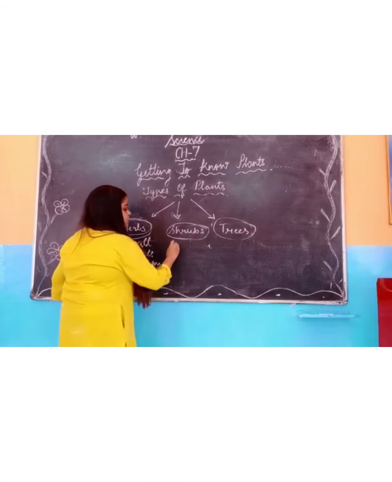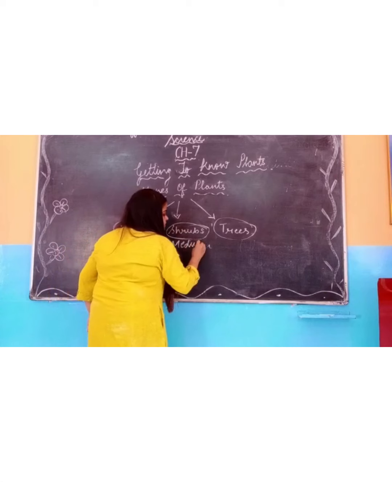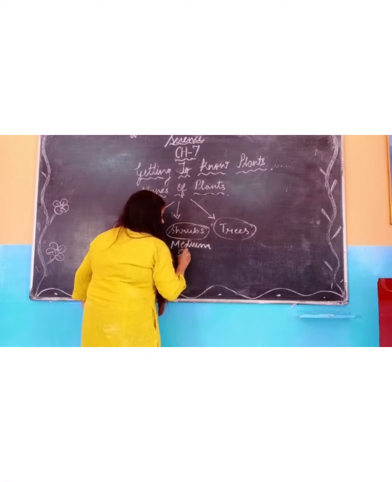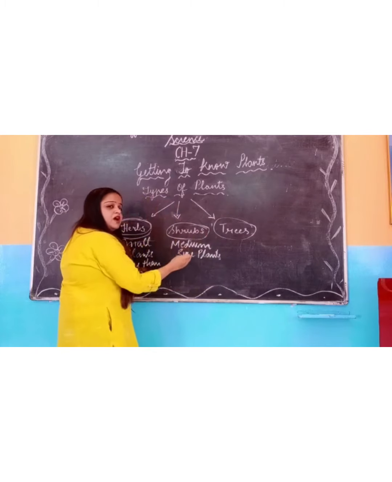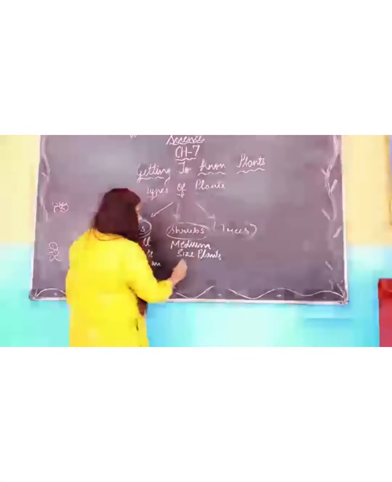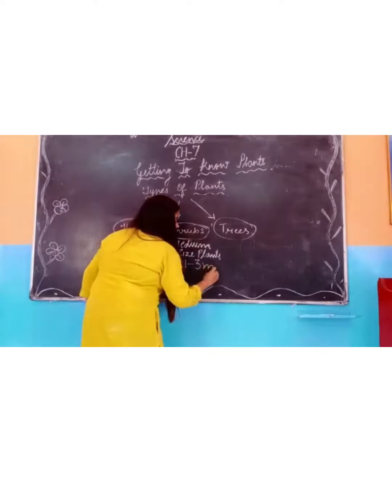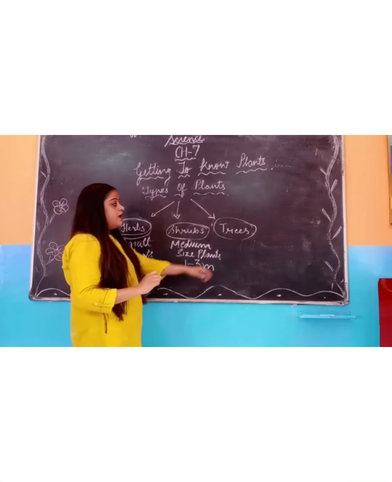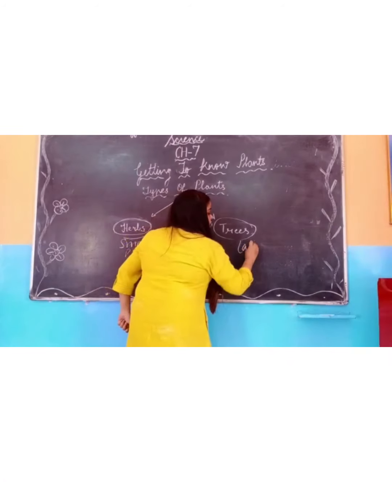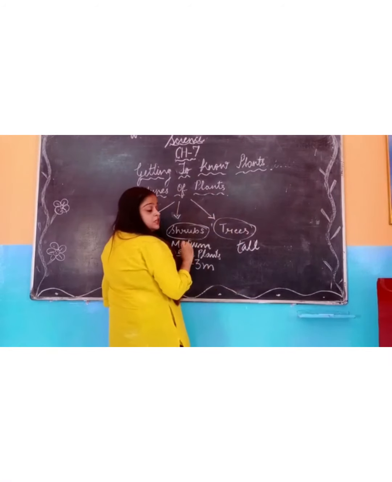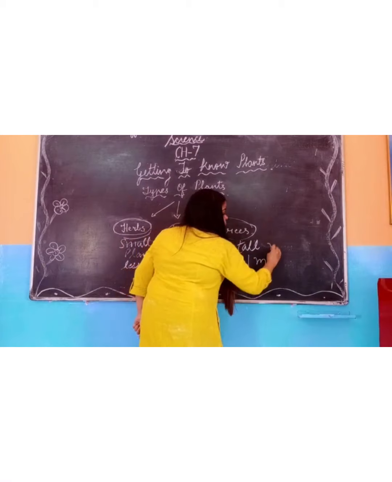These are medium-sized plants. The height of these plants lies between 1 to 3 meters. And the last is trees. These are tall plants. Their height varies more than 3 meters.